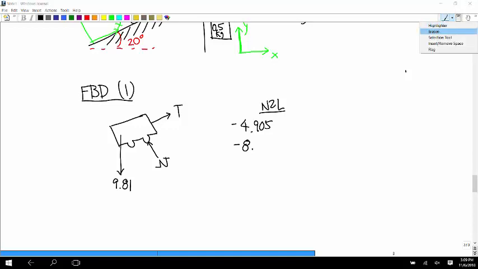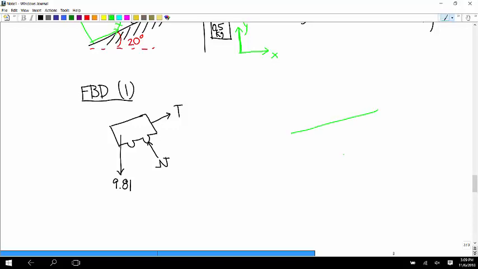Okay, so there's the weight force. This angle is 20 degrees.